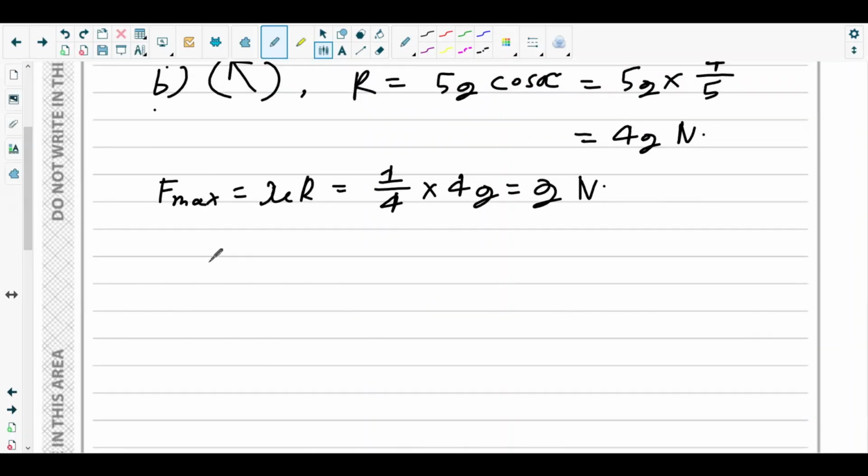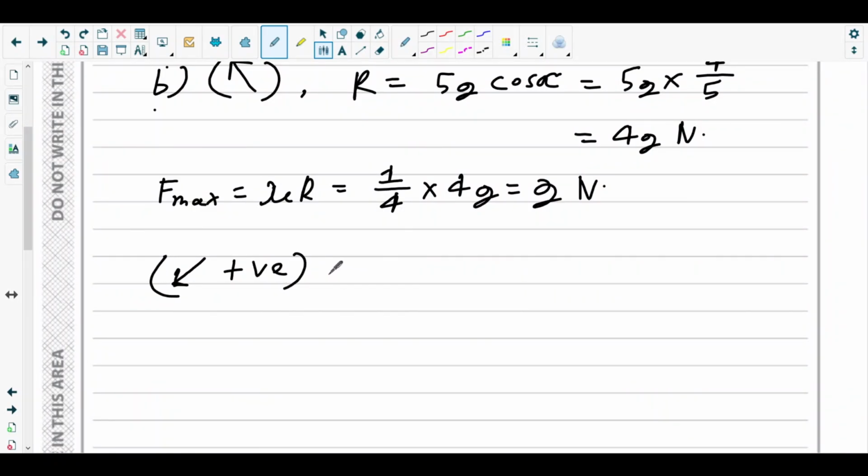Now consider the forces along the inclined plane. The particle is accelerating down the plane, so take down the plane as positive.